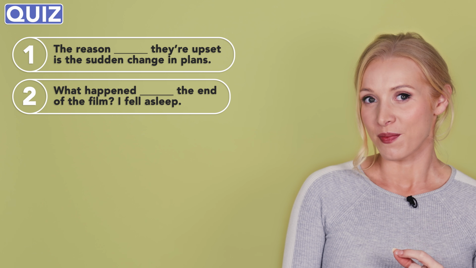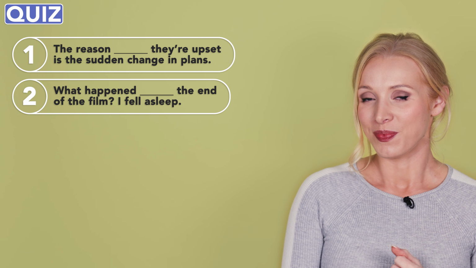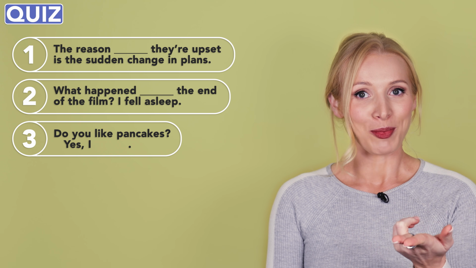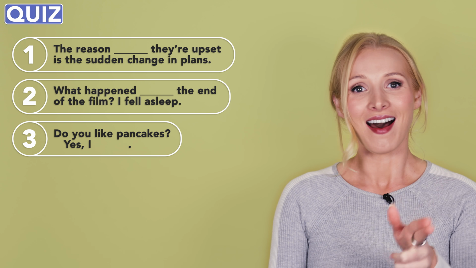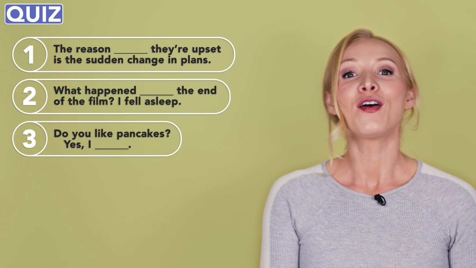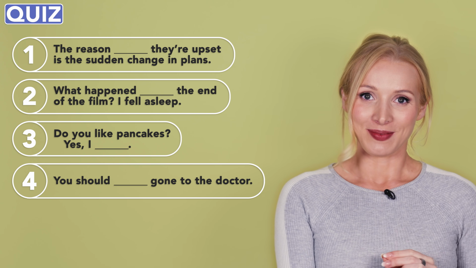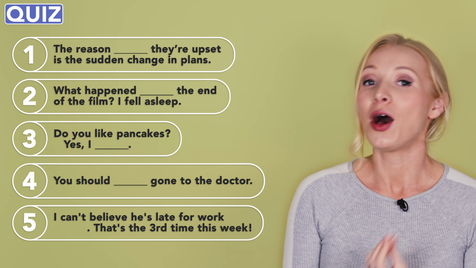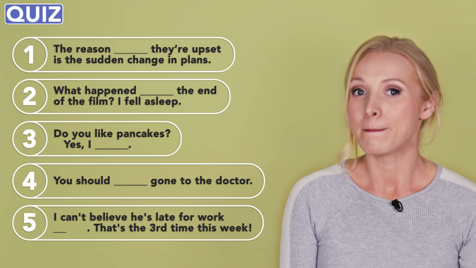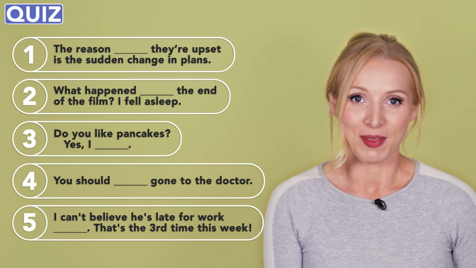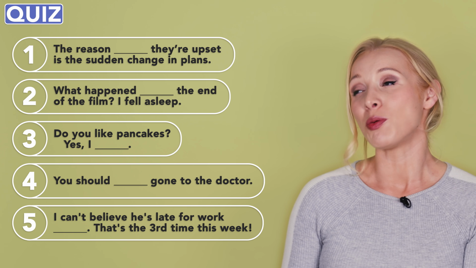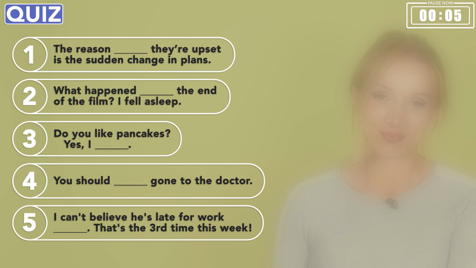The end of the film. I fell asleep. 3. Do you like pancakes? Yes, I. 4. You should gone to the doctor. And 5. I can't believe he's late for work. That's the 3rd time this week. I'll give you 5 seconds, but pause if you need more time.